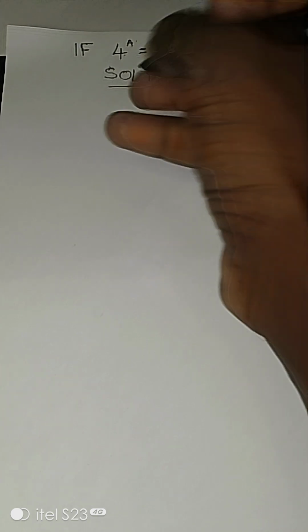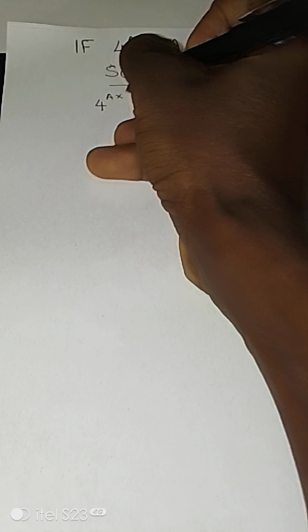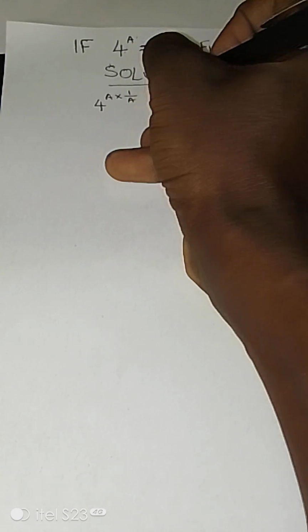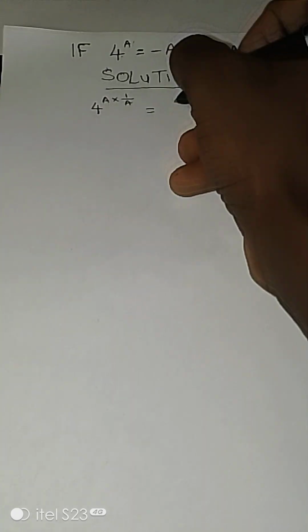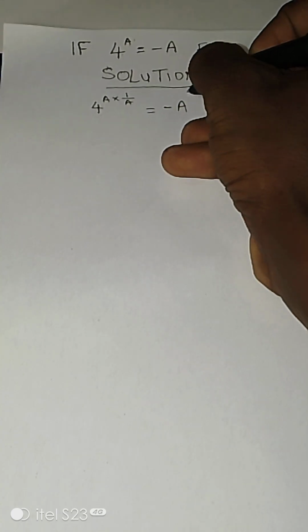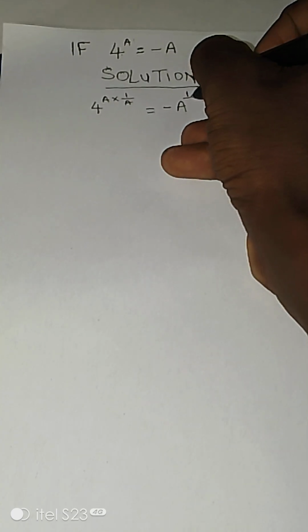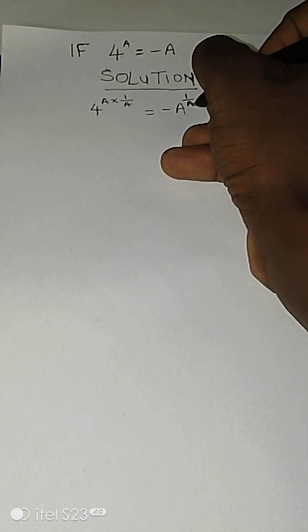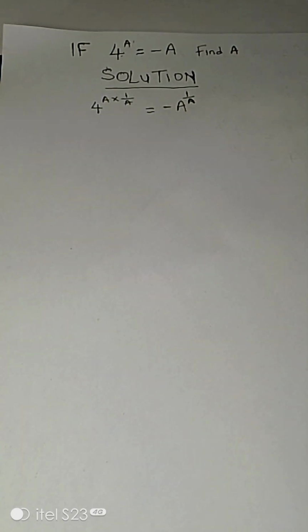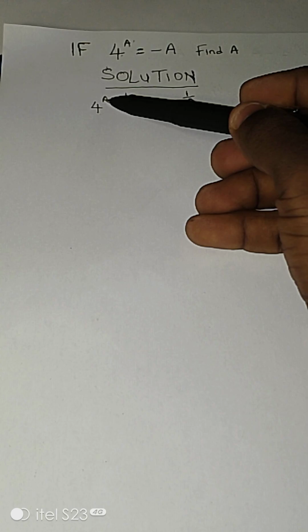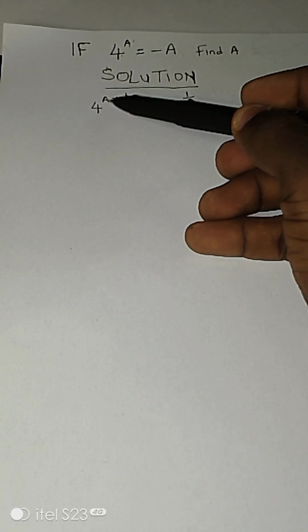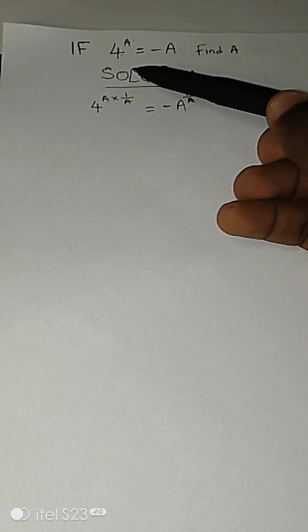So it becomes 4 raised to power a times 1 over a equals to minus a raised to power 1 over a. So this is how we are going to do it. So from here, the inverse of a multiplied by a will give us 1, right?